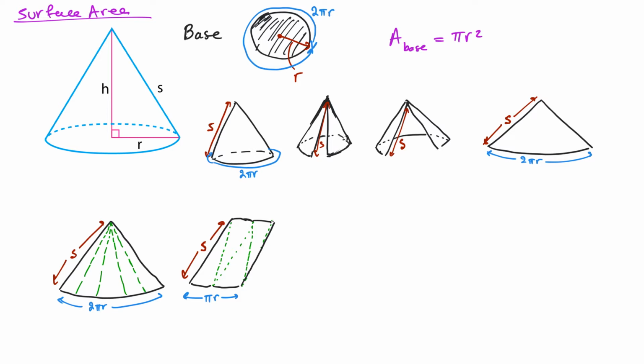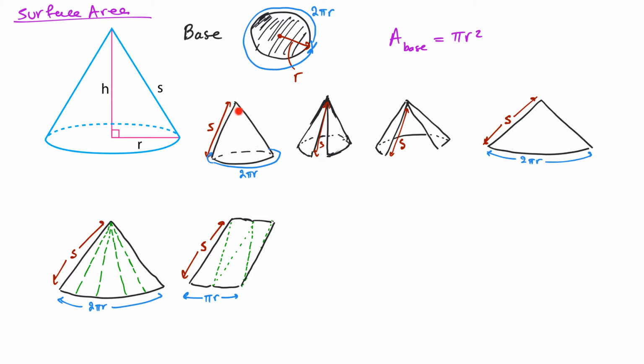Now, the more challenging conceptual idea is how do we figure out the area of the lateral section? If you look, we can see that the circumference of this circle is this region over here.